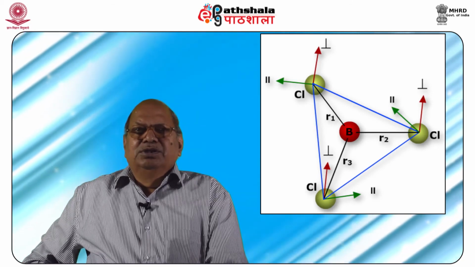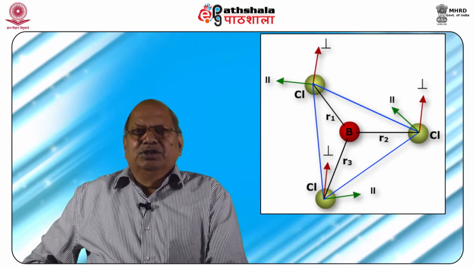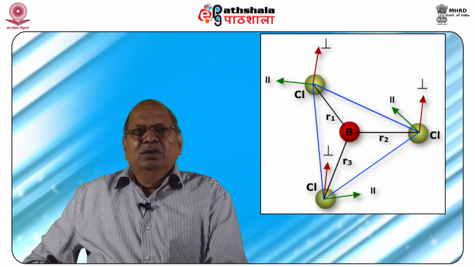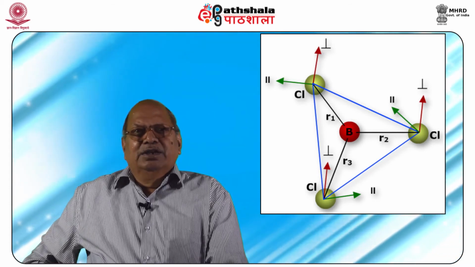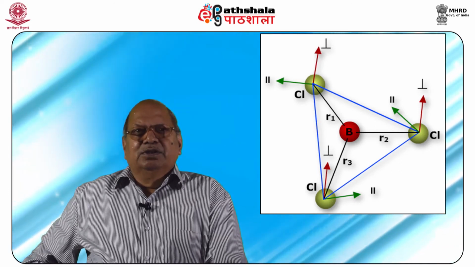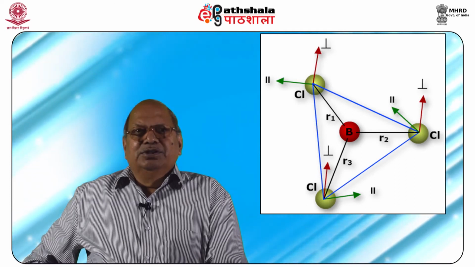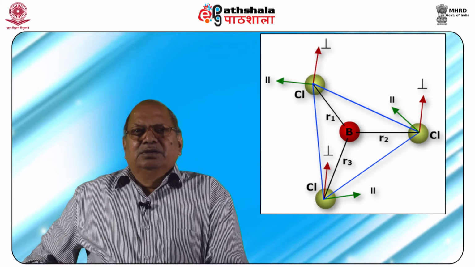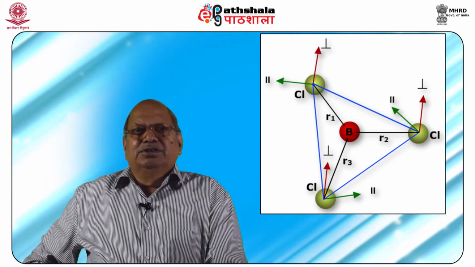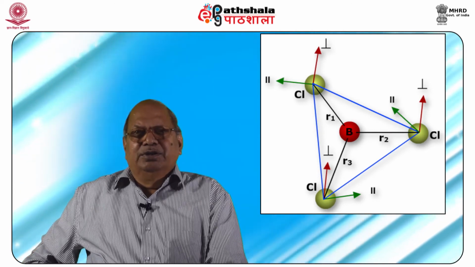It is easy to study the effect of symmetry operations on 6 separate vectors on the chlorine atoms, 2 on each chlorine, rather than to study the effect of symmetry operations on the 6 vectors present on the boron atom. Another point to be noticed, as I mentioned, is that the perpendicular vector cannot be interchanged with the vectors in the plane by any of the symmetry operations of the D3h point group.